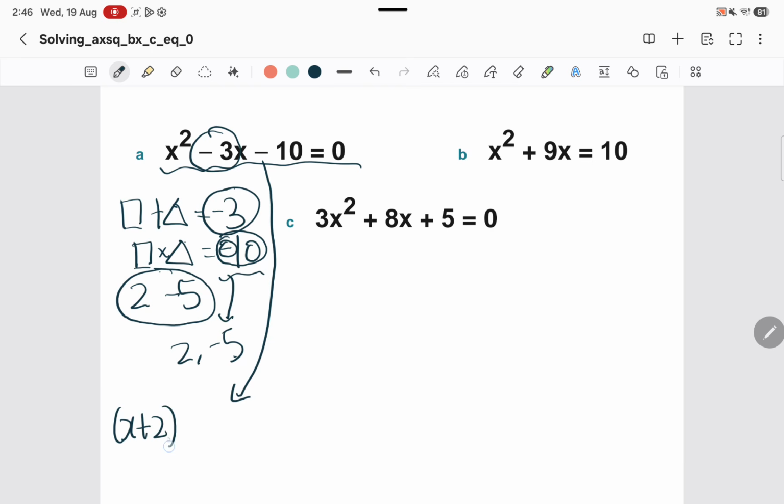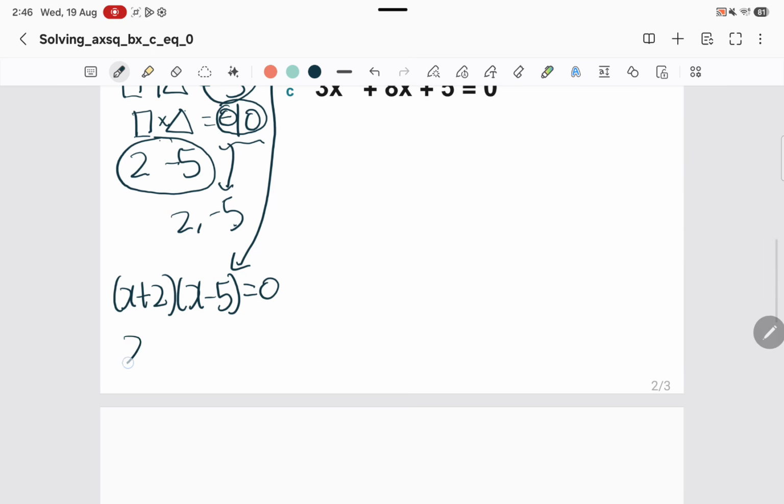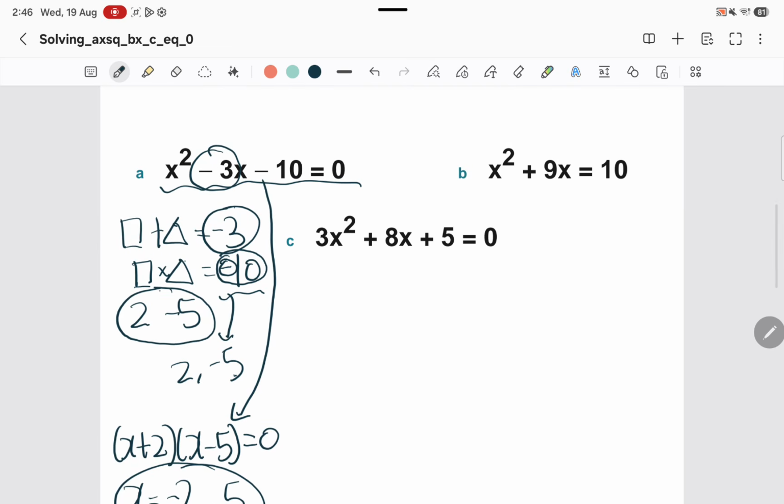x plus 2 and x minus 5 equals 0, and then use the null factor law. So x plus 2 equals 0 or x minus 5 equals 0, which means x equals -2 or 5. That's it, this is how you solve quadratic equations.